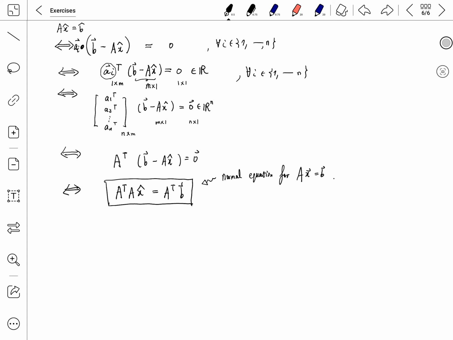Okay, this is still the remark. So let me put the question, which is an example or application of this.